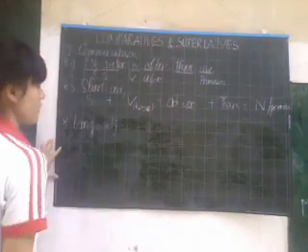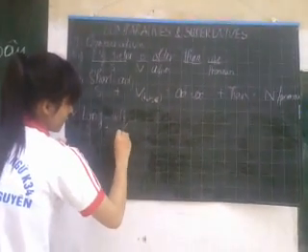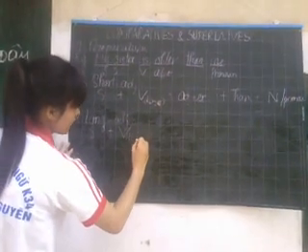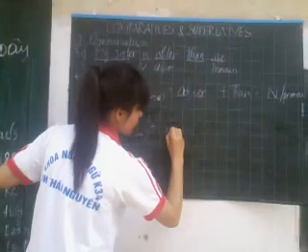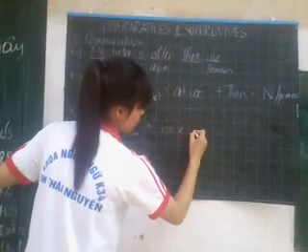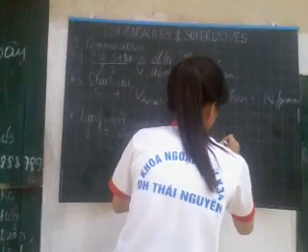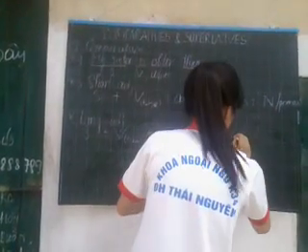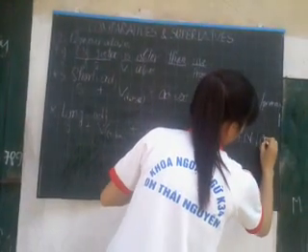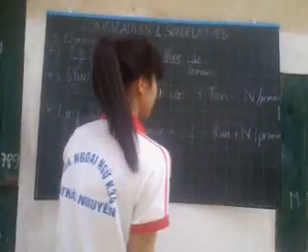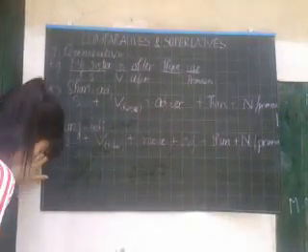With long adjectives, we have the form: subject, verb is to be, more, adjective, than, noun or pronoun. This is a form of long adjectives. I have a picture.